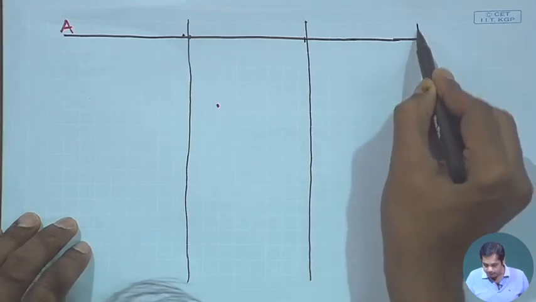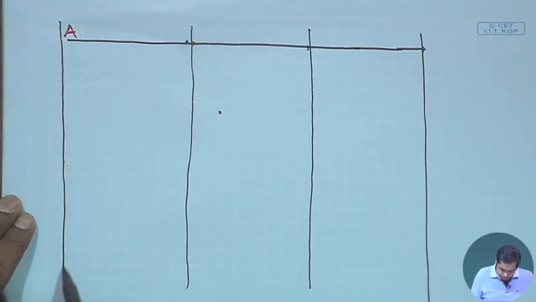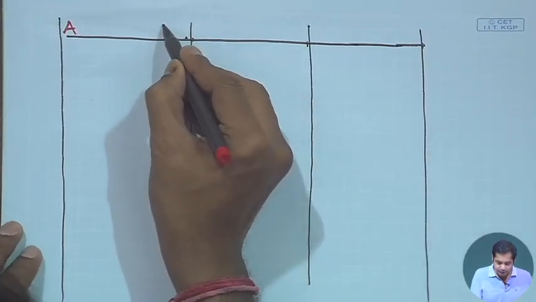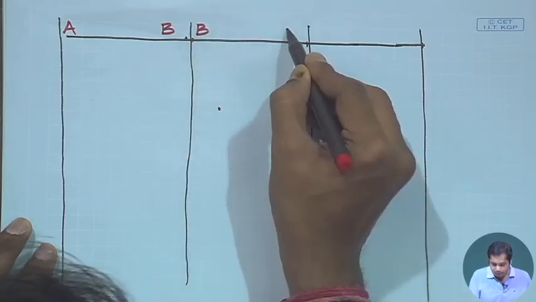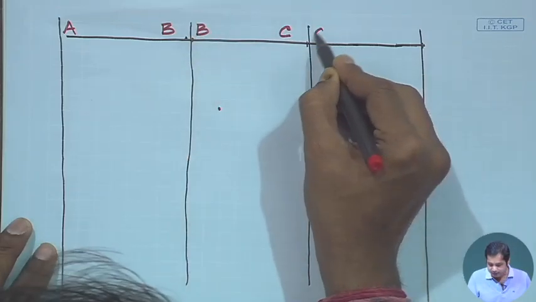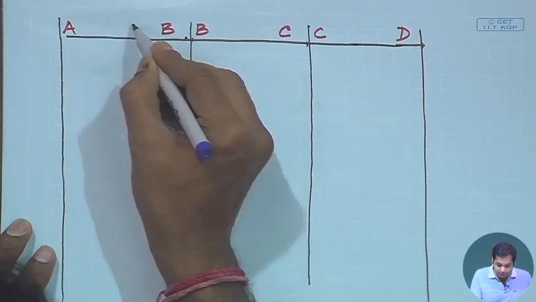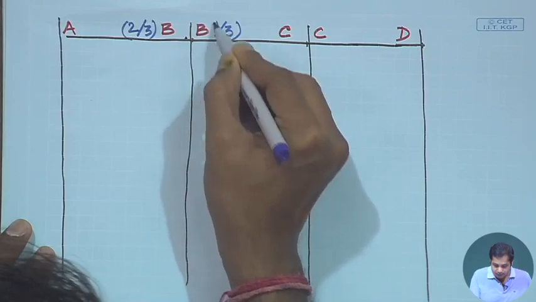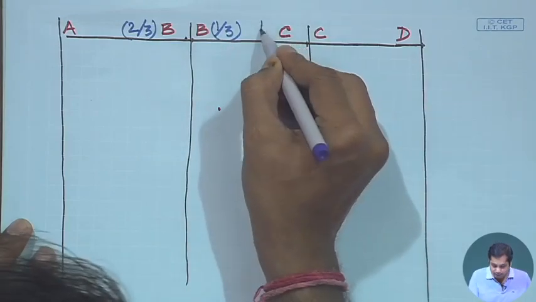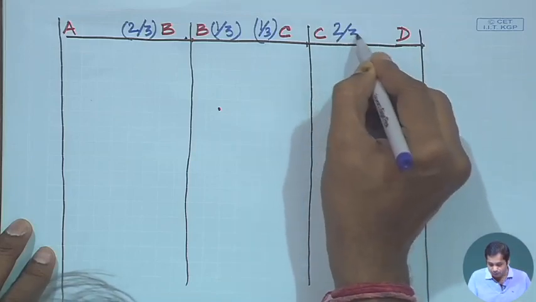This is the table for moment distribution method. This is B when B belongs to AB, and this is B when B belongs to BC, and this is C, this is C, this is D. And then we have distribution factors. Here it is 2 by 3, it is 1 by 3. You can check the previous class where we obtained this distribution factor, and this is 2 by 3.